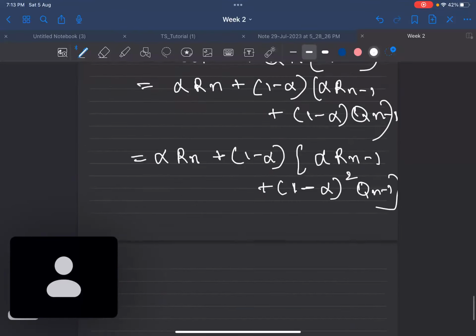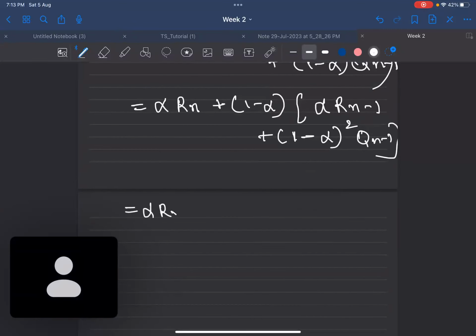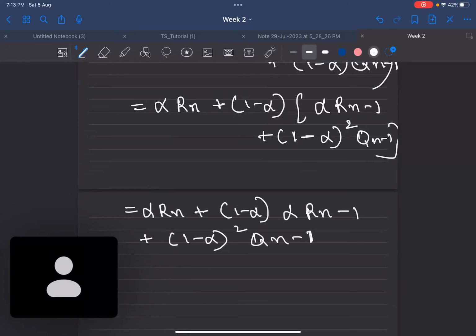Alpha Rn plus (1 minus alpha) times alpha Rn minus 1 plus (1 minus alpha) squared Qn minus 1.